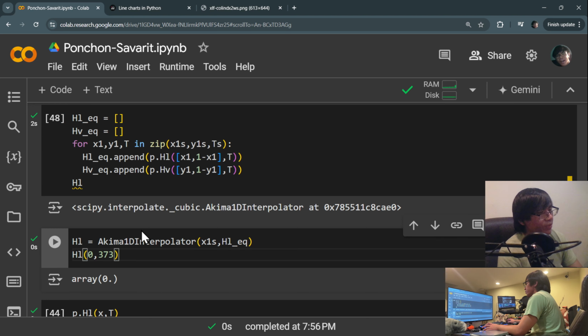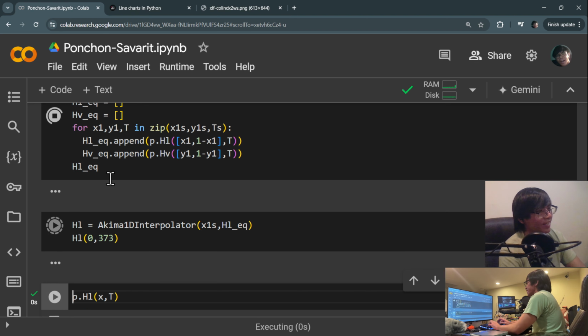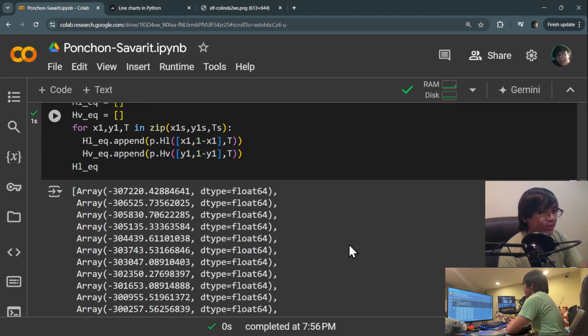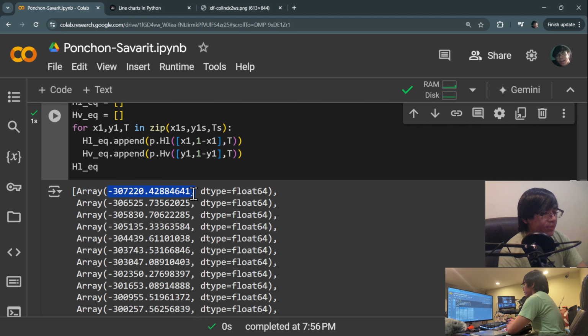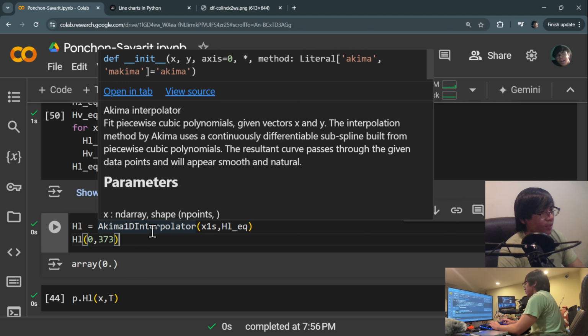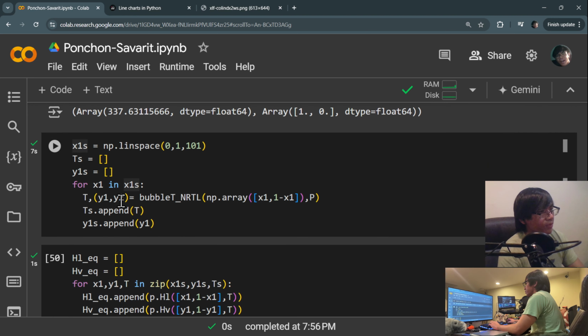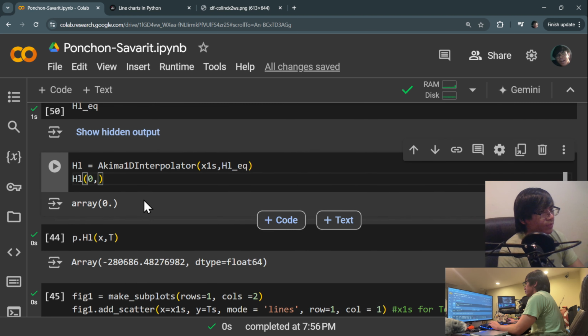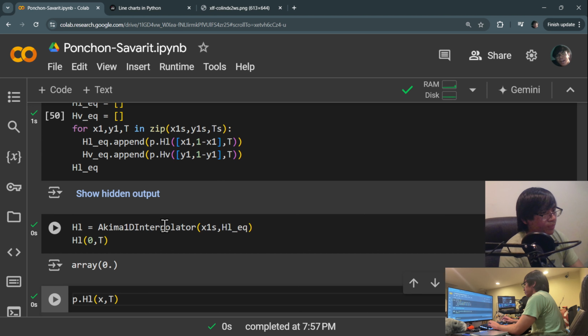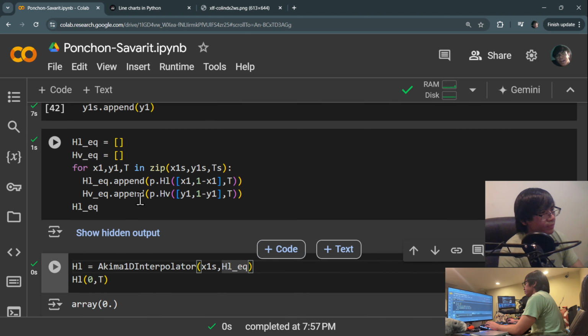Oh, I removed the interpolator. What am I doing? I need to look at the list. Sorry. There we go. Okay, so the first point should correspond to when x is 0. And let's see if this is true. The temperature, I actually don't know what the temperature was. Will it work if I put T? So interesting. Is there nothing happening with this? Given liquid.